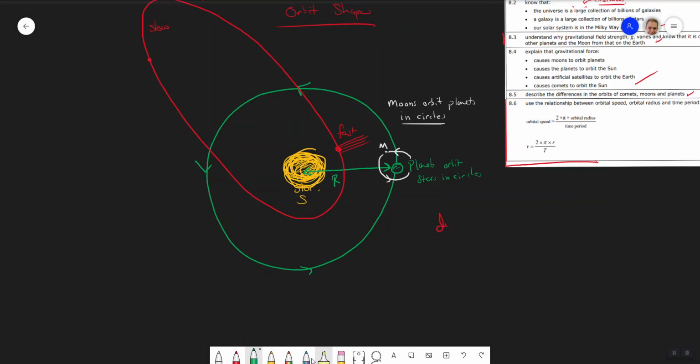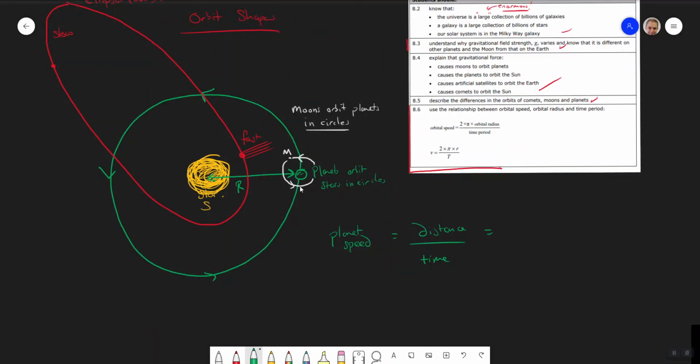So the planet speed is equal to distance over time, which is basically we've got the circle with a length of 2 pi r, so that is the circumference of the orbit, over the time for one orbit.